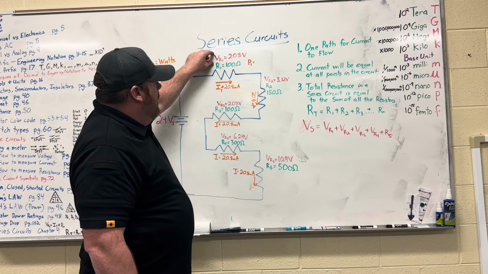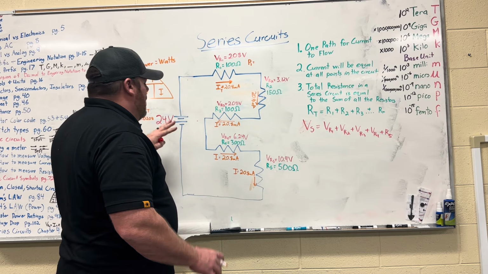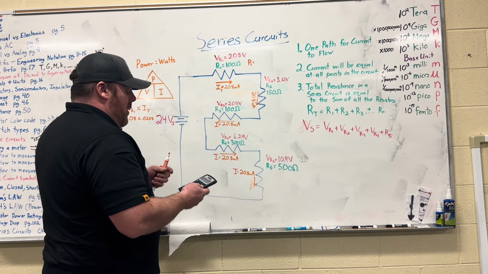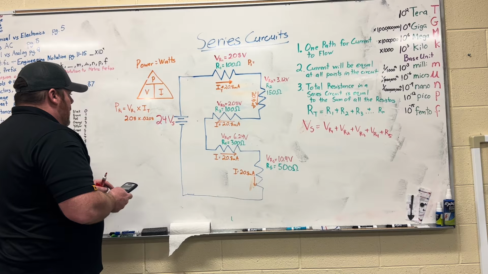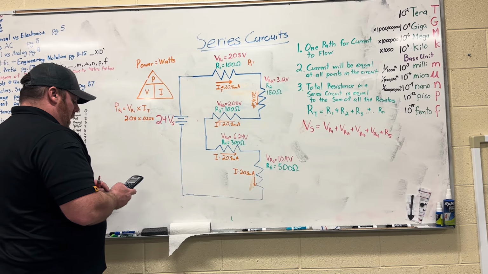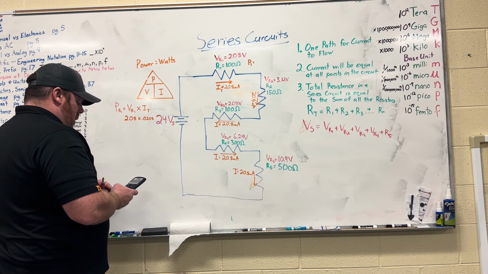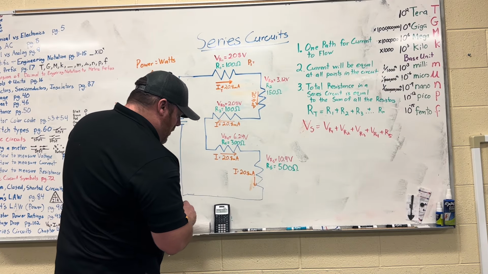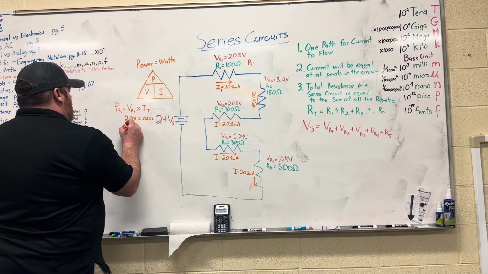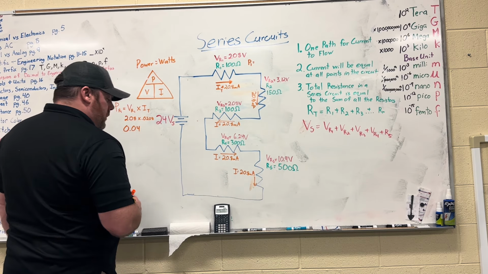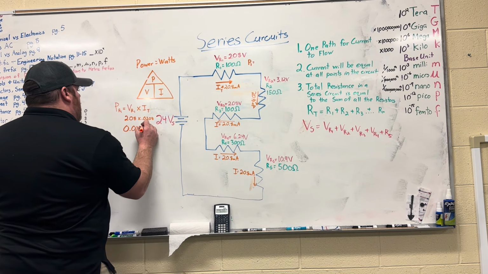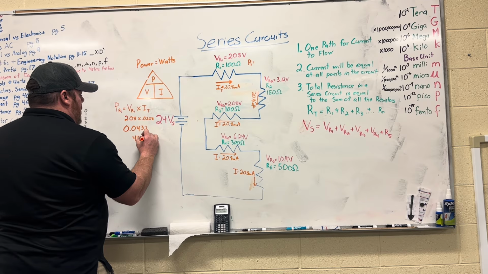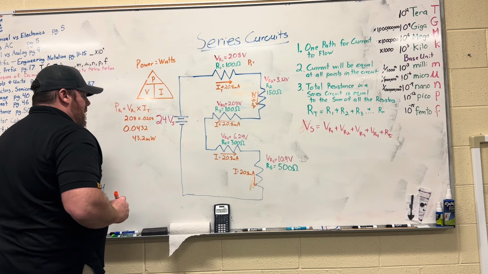You have to be in volts and in amps in order to get the correct units. If you forget to do that, you'll be off by 1,000 or 100,000, and so on. So a 2.08 voltage drop times a 0.0208 current means the power consumed by this resistor is going to be 0.0432, and if we move this over, that's going to be 43.2 milliwatts.